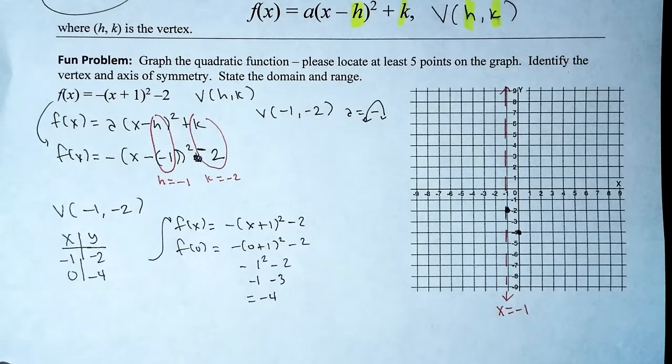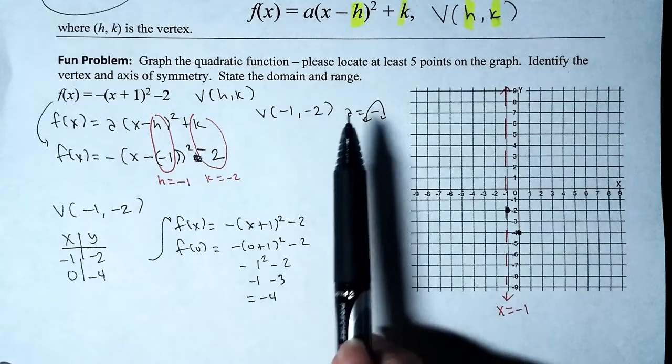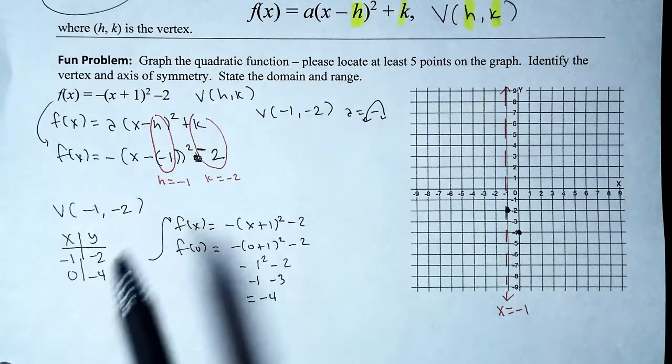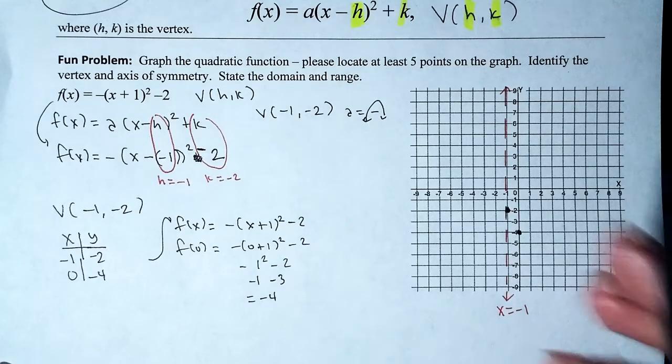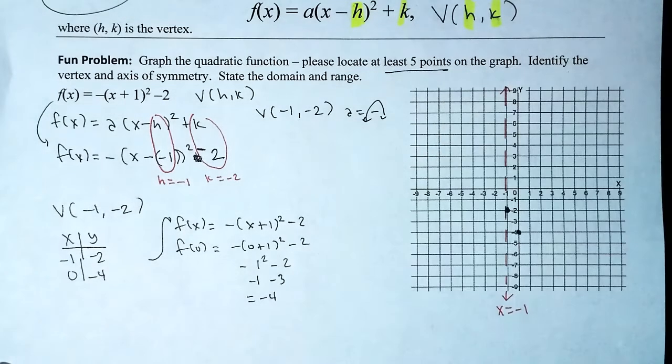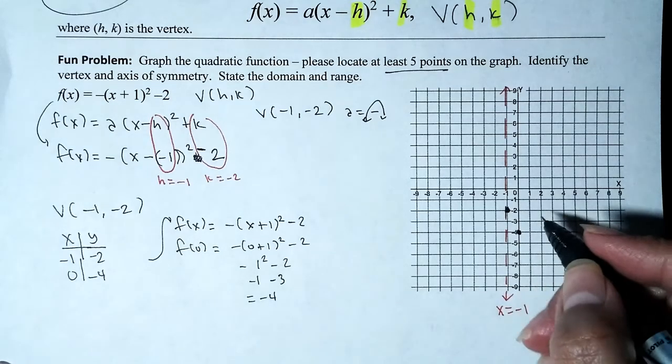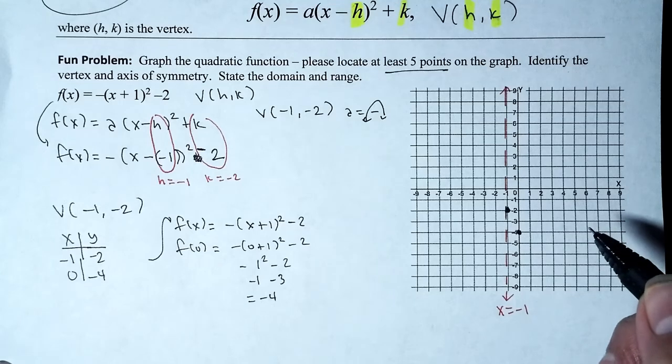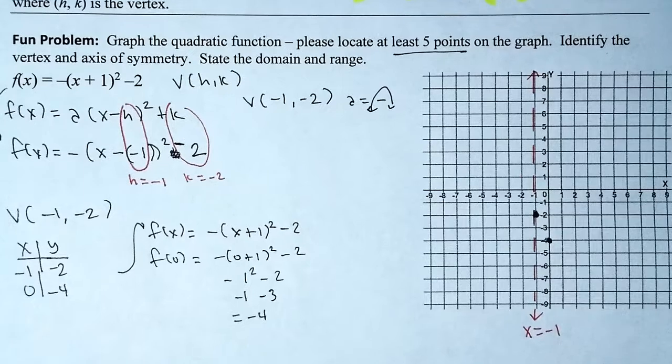We are asked to locate at least 5 points on the graph. I'm not an overachiever, so if they say at least 5, I'm going with 5. We have no time to do 6, 7, 8, or 9. If you keep your cool, we can quickly graph another point without having to do more math.